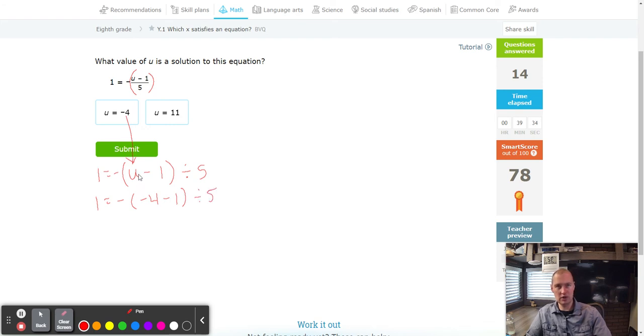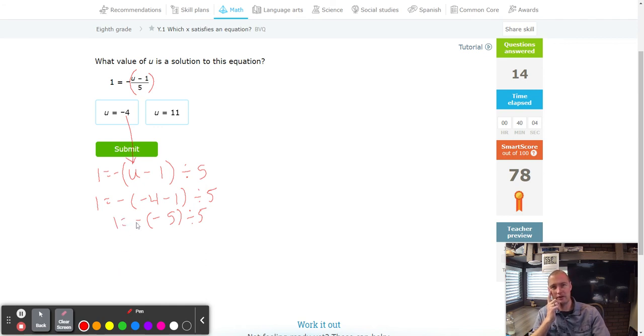I did not do anything to the equation except take u and literally plug in that -4. Inside the parenthesis, if I lost $4 and I lost another $1, you lost altogether $5. I can bring down that negative right there. Divide 5. And the 1, bring it down as well.